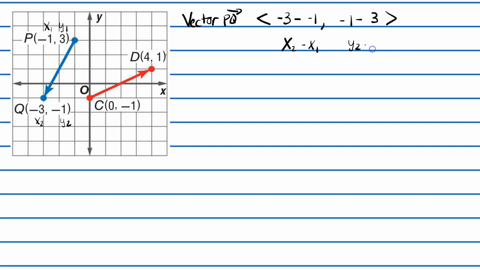So y2 minus y1. Between these two, remember that it's always going to be head minus the tail. And same thing for the y as well. So commas, head minus tail. And so the way that I wrote these, that's how it's going to work with x2 minus x1. So keep that in mind.